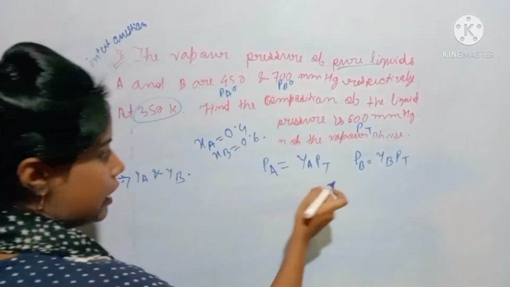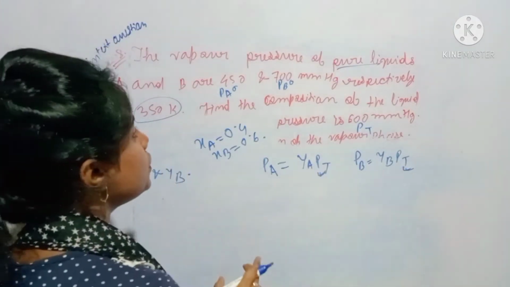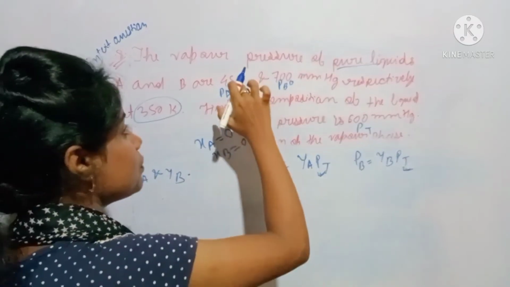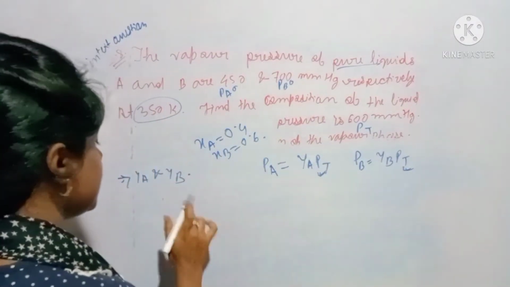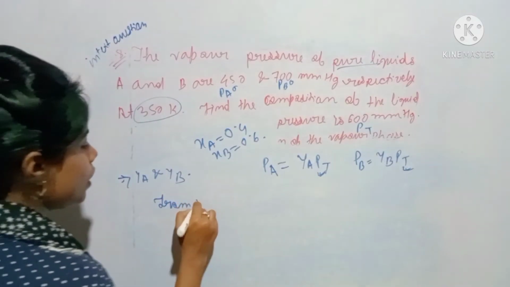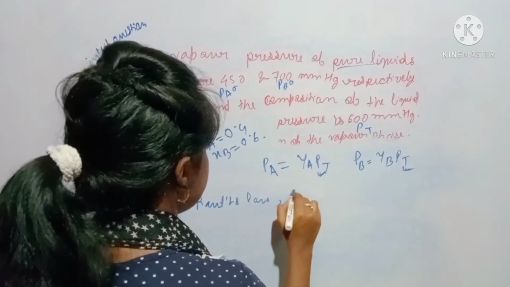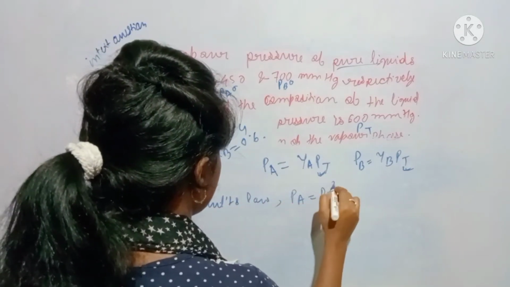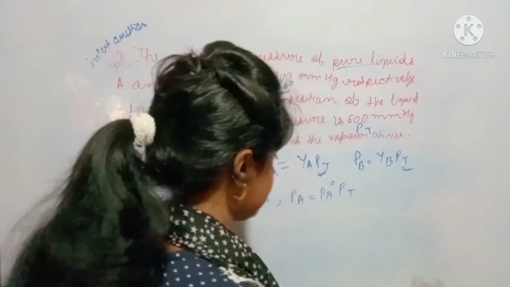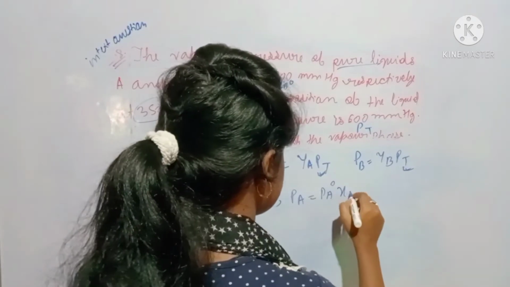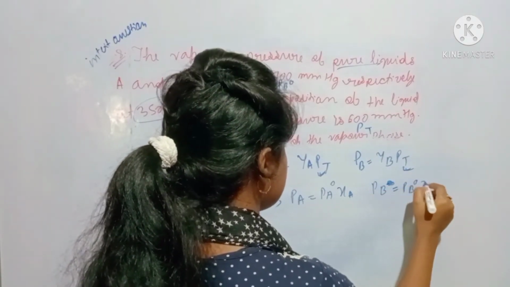So we know the value of PT, but we don't know the value of PA and PB, but we know the values of PA naught and PB naught, and with the help of PA naught and PB naught we can get these values. We know from Raoult's law, PA equals PA naught XA, and PB equals PB naught XB.